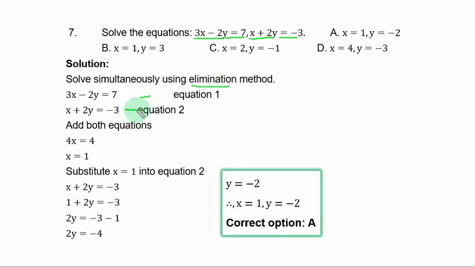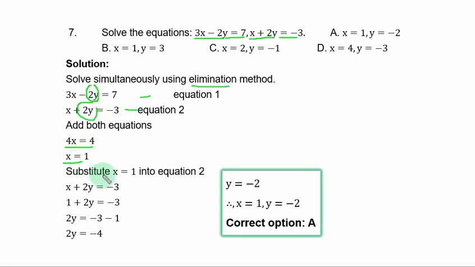For us to eliminate, the best variable to eliminate is y, because it has the same coefficient in both equations. Since the signs are opposite, you simply add. When you add, you have 4s equal to 4. Divide through by 4. S is equal to 1.